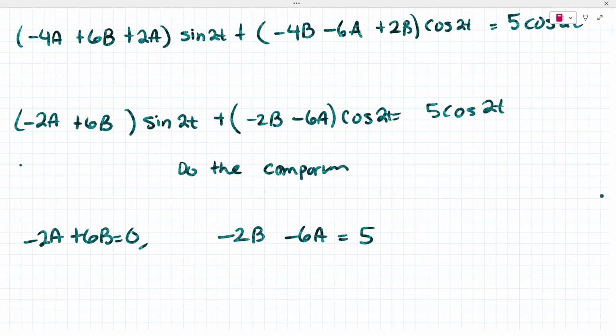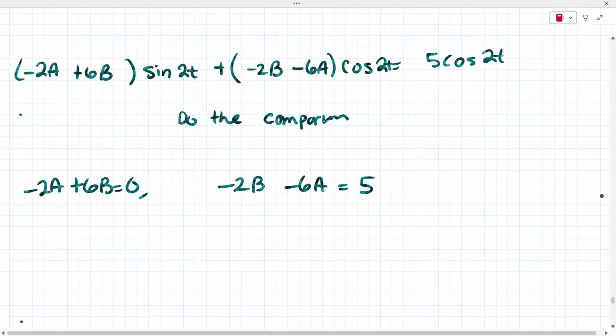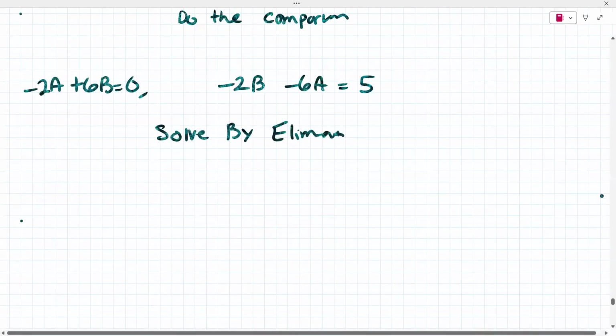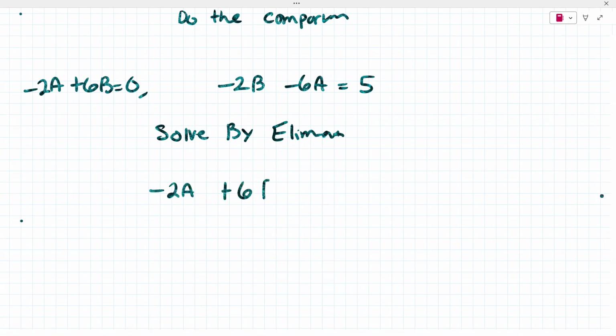Well, it's set up as a system of equations, right? So you can solve by elimination. So you have negative 2a plus 6b equals 0, and then, careful, just line up the letters. I'm going to put this negative 6a first, minus 2b equals, not 0, 5.